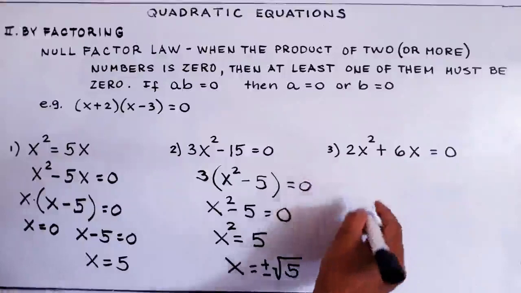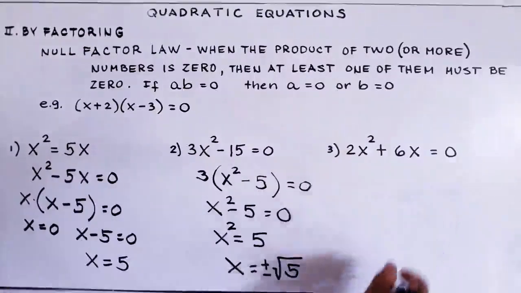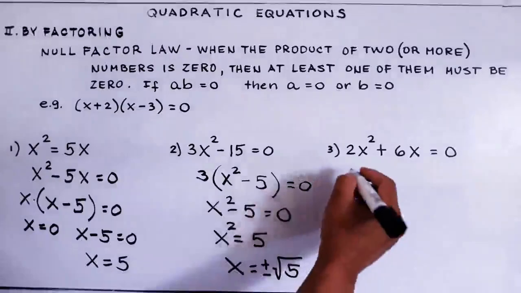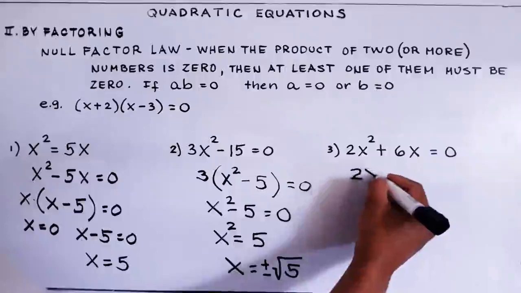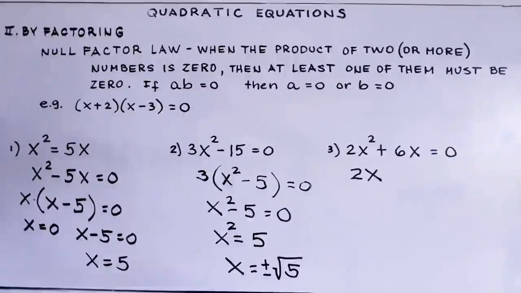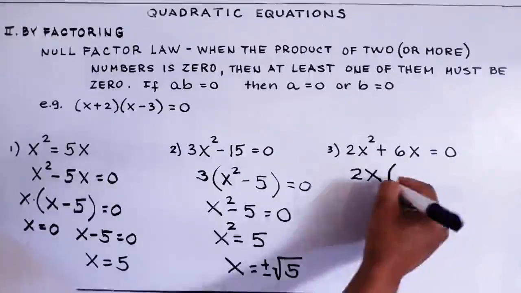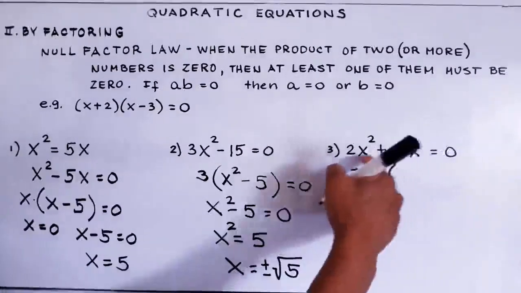Okay, number 3. We have 2x squared plus 6x is equal to 0. So we factor it. Okay, so we have 2 and also x is the common factor. So the common factor is 2x. Then we know our answer here will be a binomial because we have two terms here.